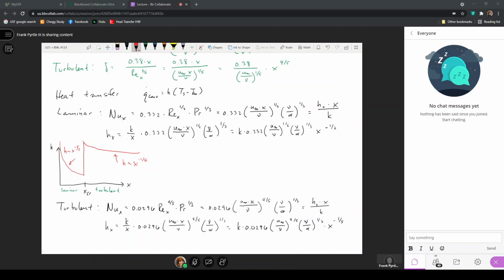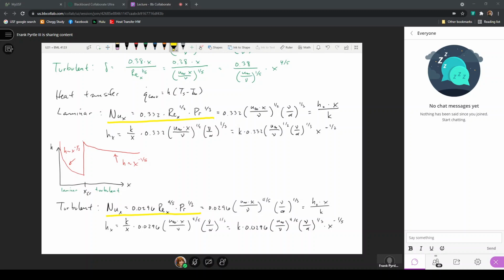Now, for these expressions, what these two expressions do for us, this Nusselt number correlation and this one, they both allow us to find the heat transfer coefficient at any point along the length of that plate.